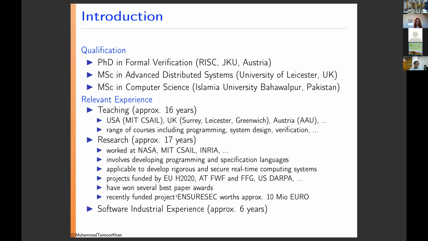Most recently, I won a project in SureSec worth 10 million euros, on the security of e-commerce systems. I've also got some industrial software experience, so quite a diverse experience. Based on that, I will share my current thoughts on what could be a good direction for students to move on.